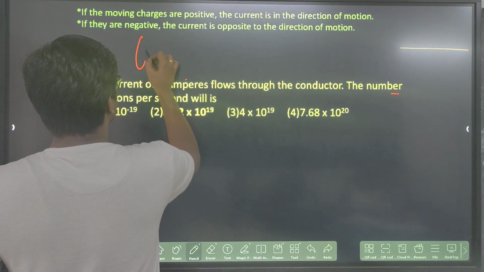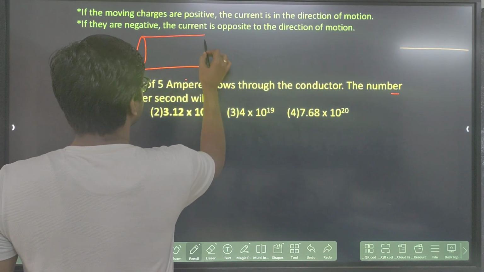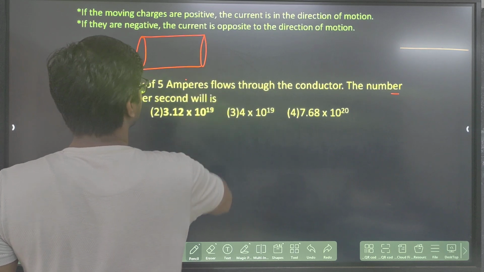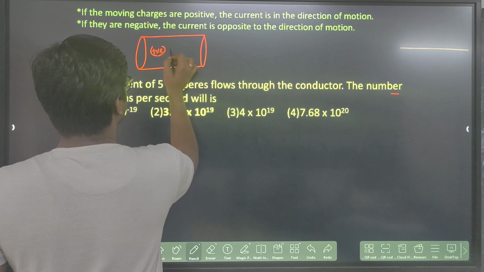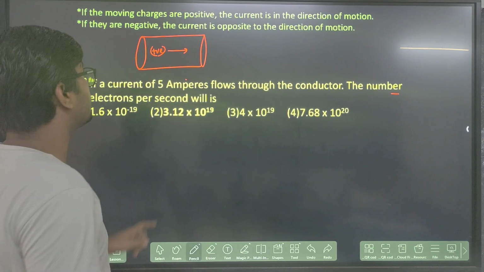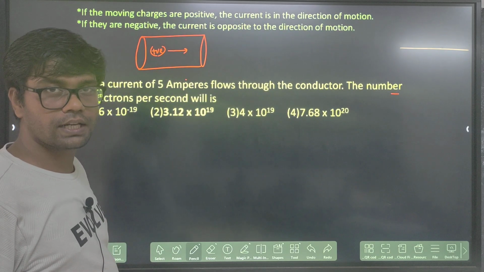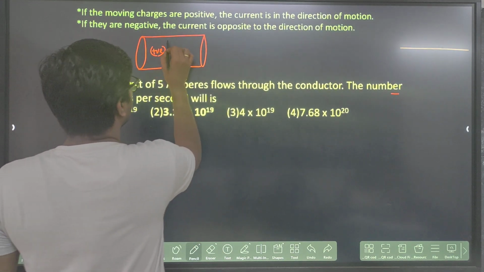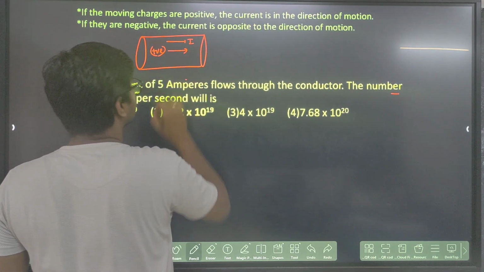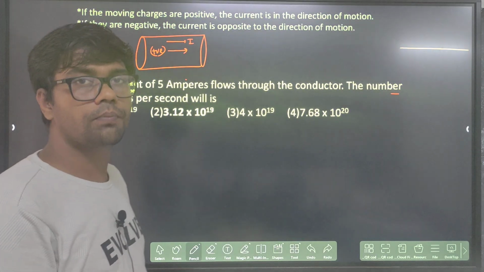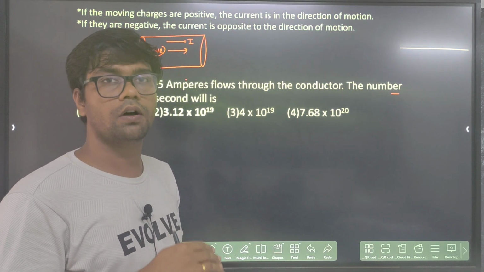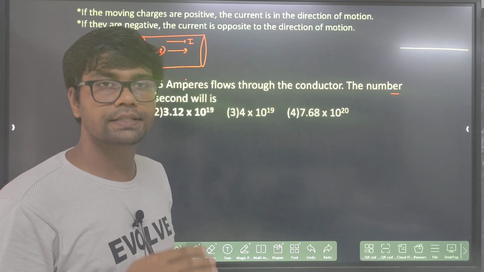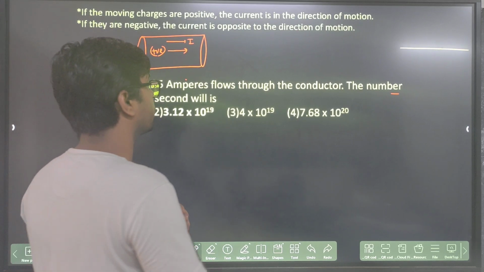So you take positive charge, let's say this is a conductor and the positive charge is moving along this direction. Then the current will be along the same direction.